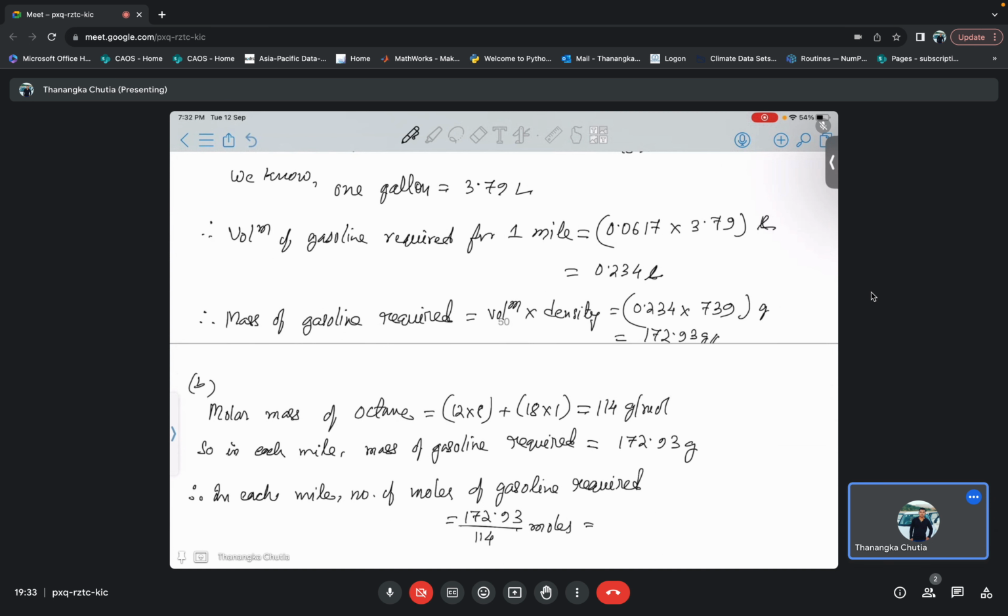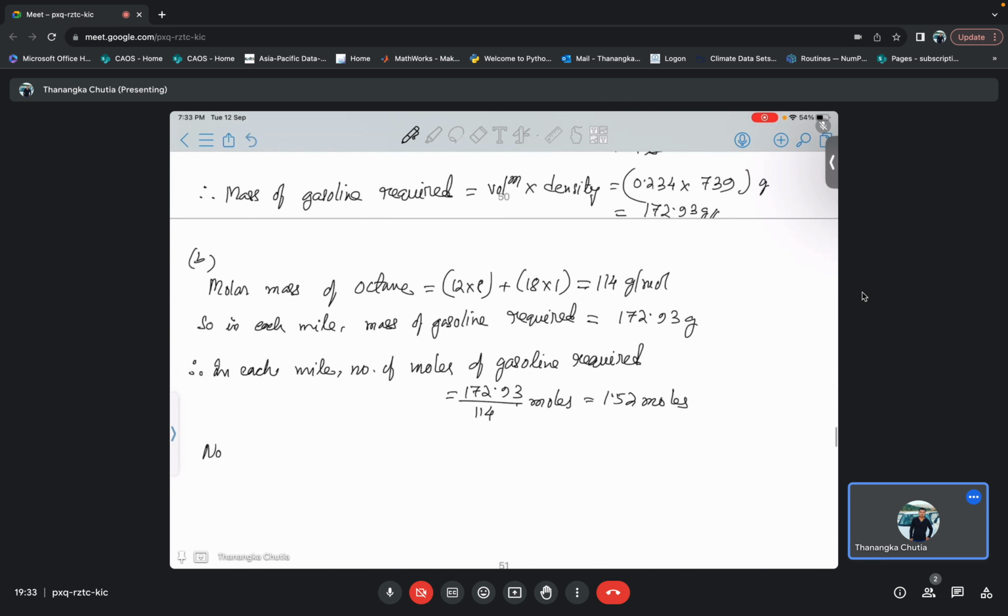Okay, so this is 1.52 moles. Okay, 1.52 moles are required.